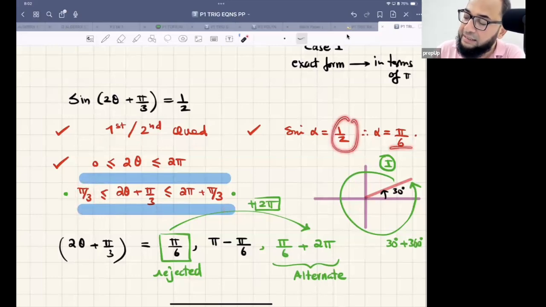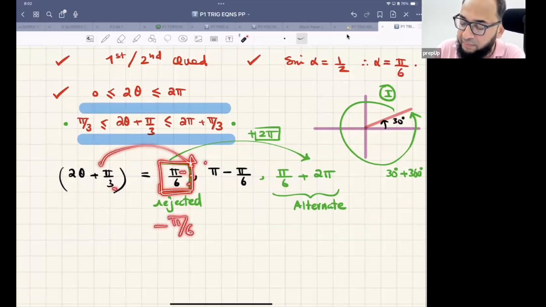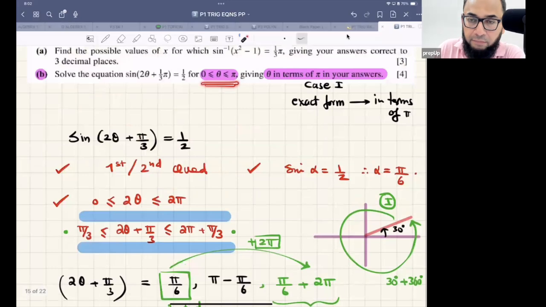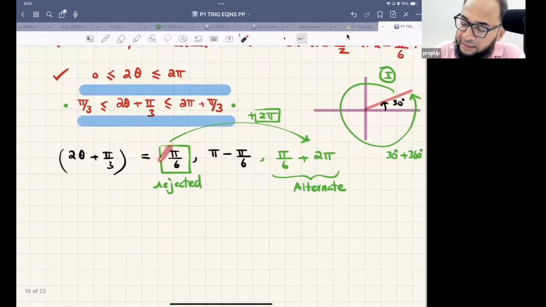The basic angle is giving me pi by 6. But this pi by 6 is out of the range, because if I transfer this pi by 3 to the other side, pi by 6 minus pi by 3 would be negative pi by 6. Divided by this 2, that will give me a negative answer. I don't need a negative answer because my range is from 0 till pi. So this one gets rejected.